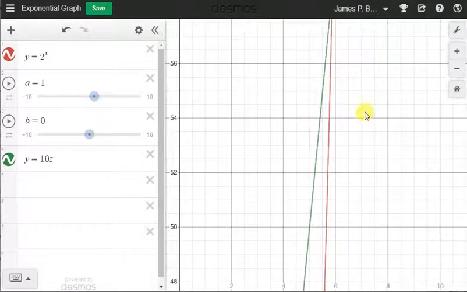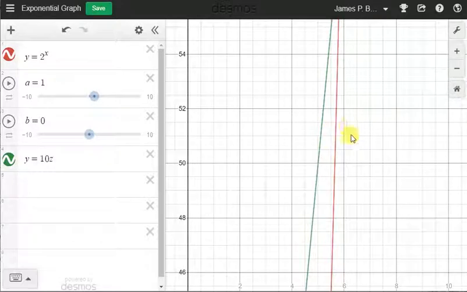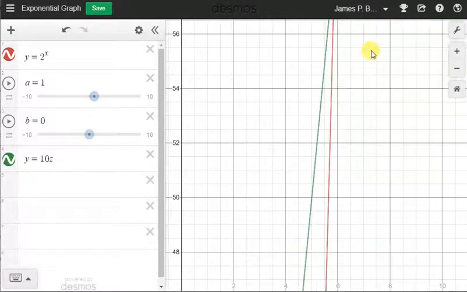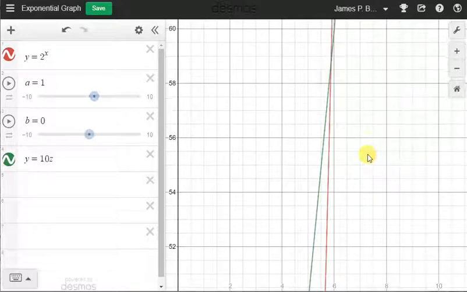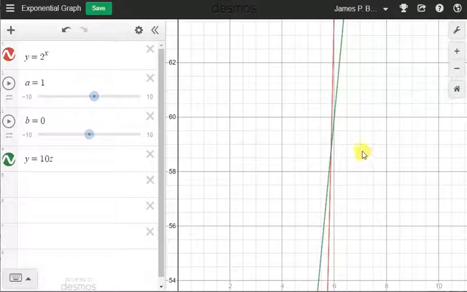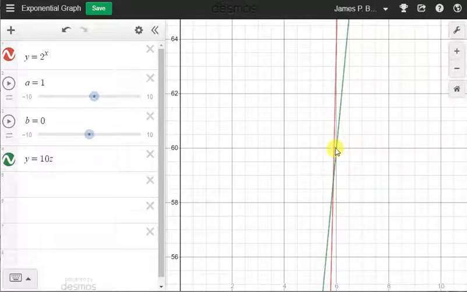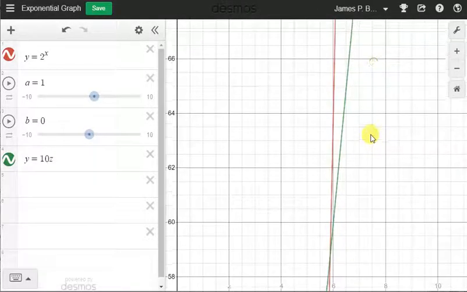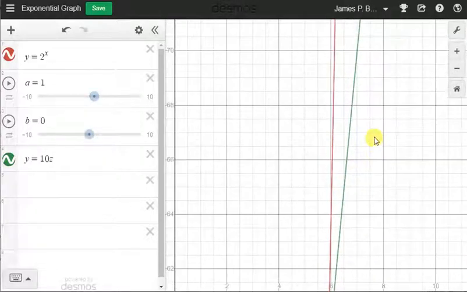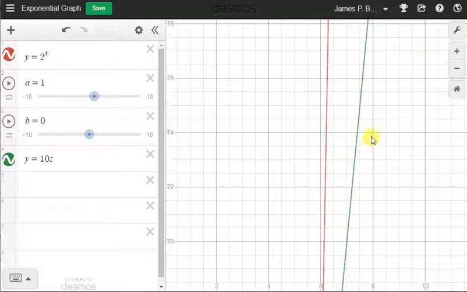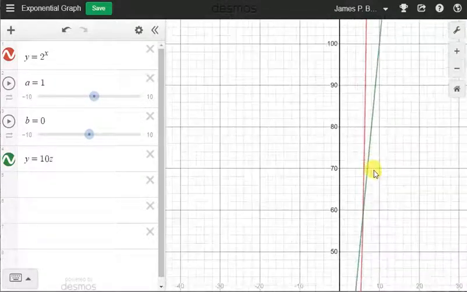In fact, it's hard to imagine how steep this is, because it's almost a vertical line. And then at some point, this exponential function actually crosses the linear function and continues growing in a way that is shocking.